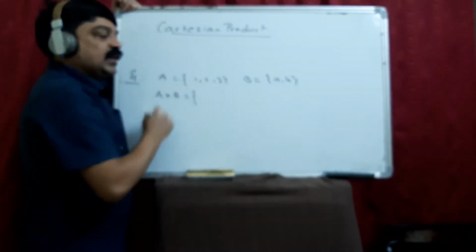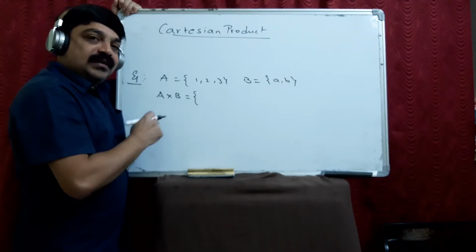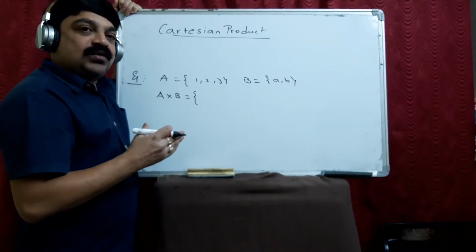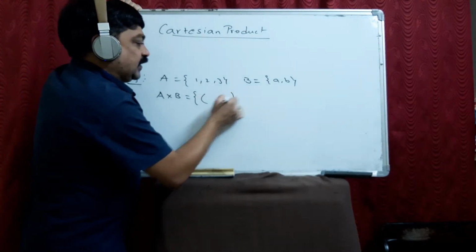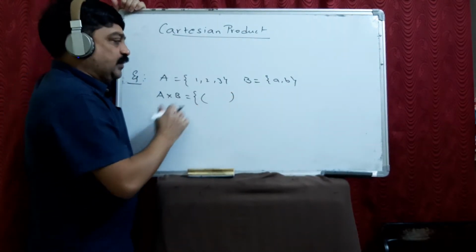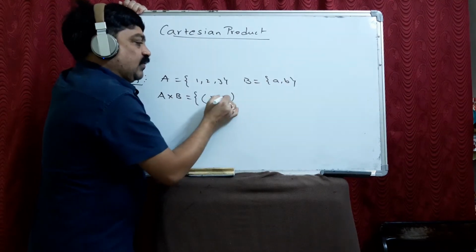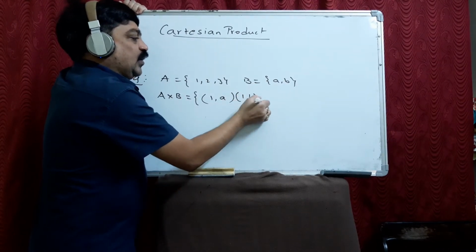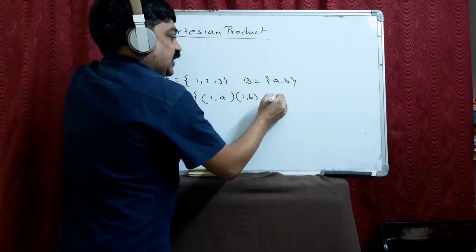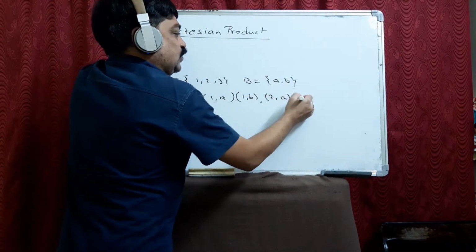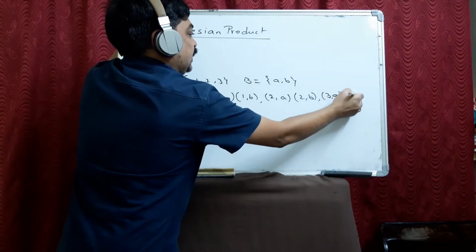It is taken as the set of all ordered pairs that can be written from the elements of set A to set B. That means the first element 1 with both elements: (1, a), (1, b). Next, (2, a), (2, b), (3, a), (3, b).